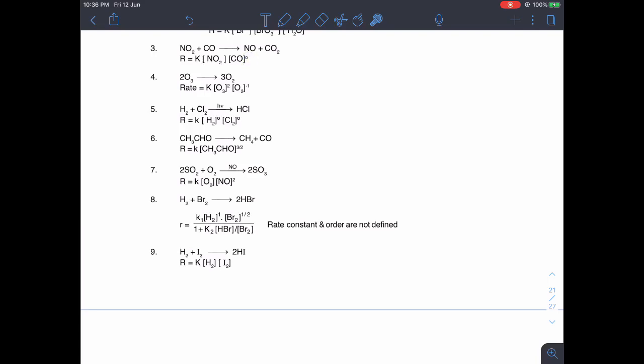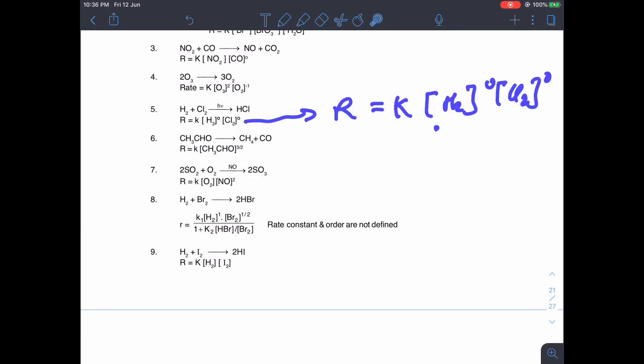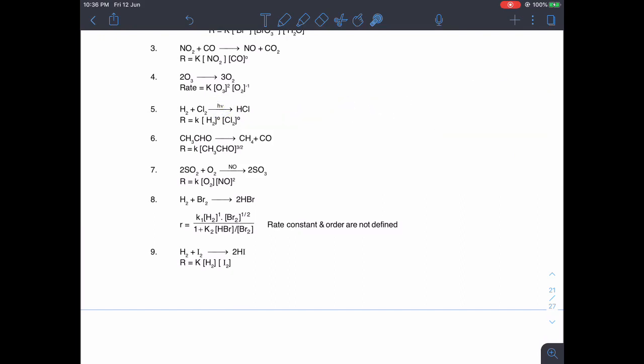So, like that you can look at all these values. Here it is very interesting, you can see that the rate expression is written in such a way that it is not at all depending on the concentration of H2 or Cl2. It is depending on the light itself directly, H nu. So, order here you see is 0, this is 0.